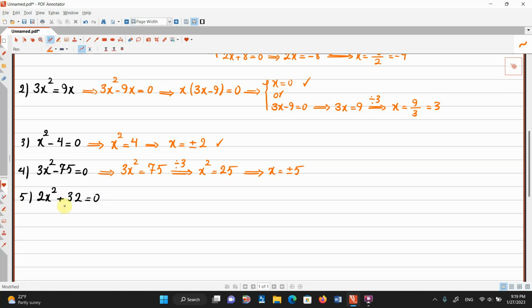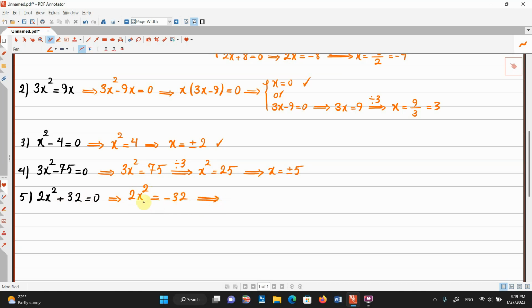Since the linear term is not available, it is better to isolate the quadratic term and keep it on the left side. Then I want to keep 2x squared on the left side and move this 32 to the right side. Then I got 2x squared equals negative 32.